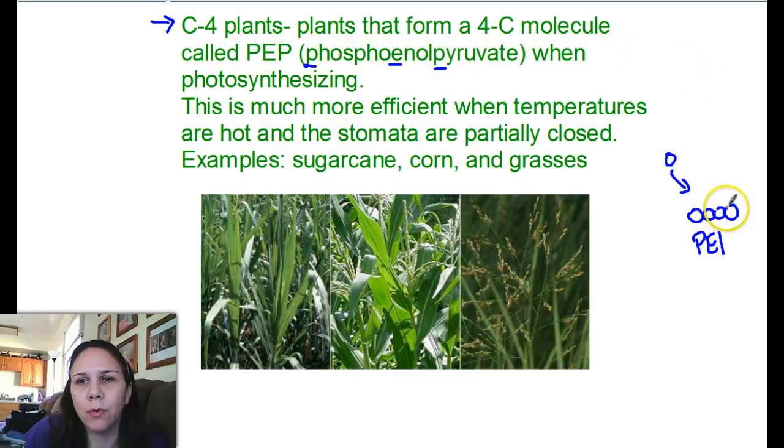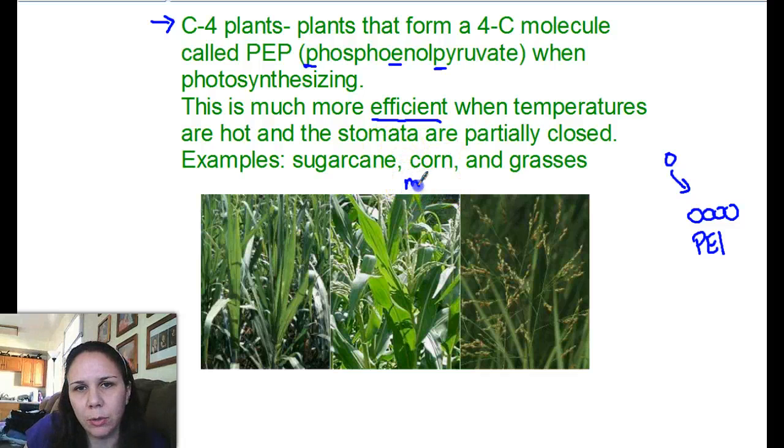And so they make this 4-carbon molecule when photosynthesizing. This produces a greater rate of glucose per carbon coming in, and so they tend to be more efficient when the temperatures are hot and the stomata are partially closed. So these are things like your front yard grasses, sugarcane, and corn.